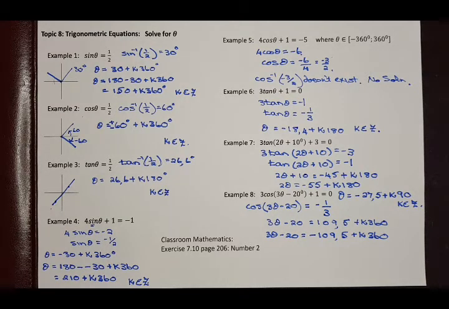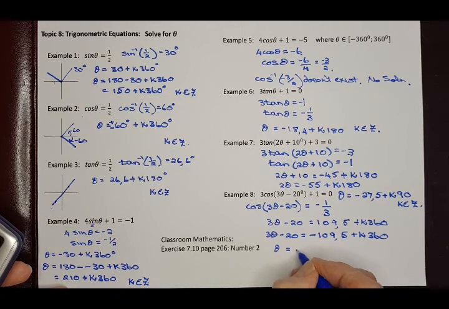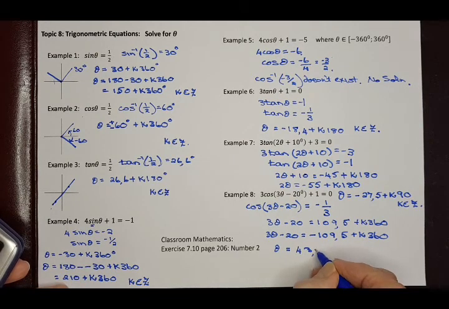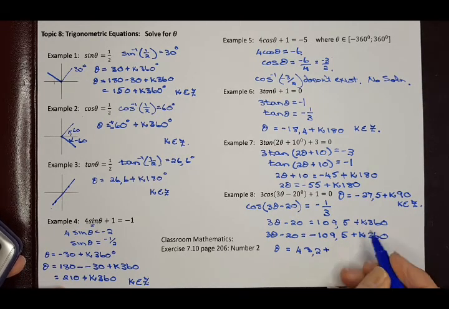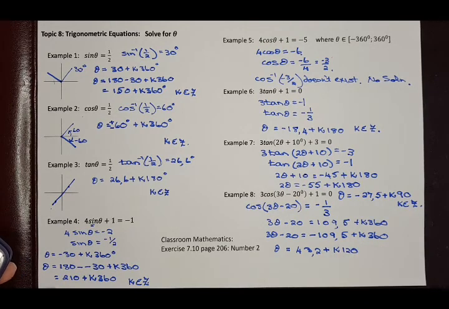Right, so if I have 109,5, I want to add 20 to both sides. And then I want to divide by 3. And so my theta value is going to be 43,15, so I'm going to round it up, plus 360 divided by 3, k 120.